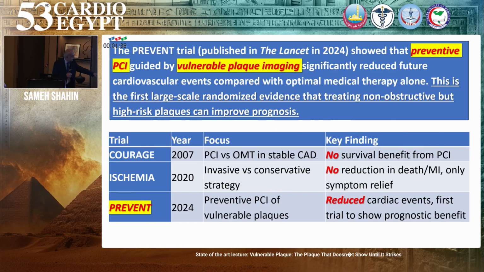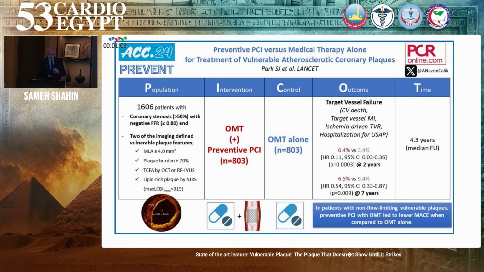And this is to compare with the negative results of the PCI in stable patients. If we put a PCI in a stable patient, according to the COURAGE trial and the ISCHEMIA trial, it was not better than medical treatment. But for the PREVENT trial, this was better than medical treatment. So perhaps we are now much more clever in choosing which patient will get benefit from PCI by applying this vulnerable concept.